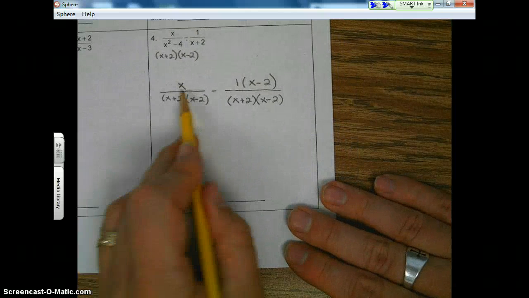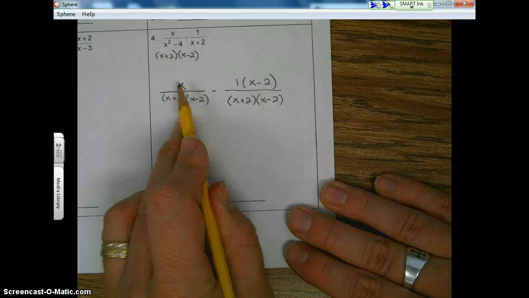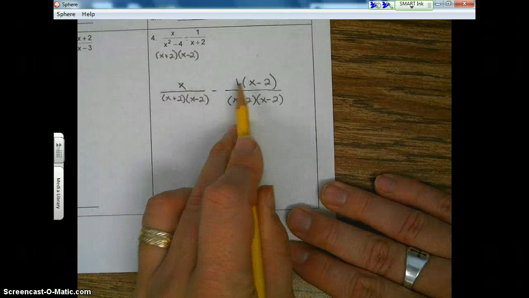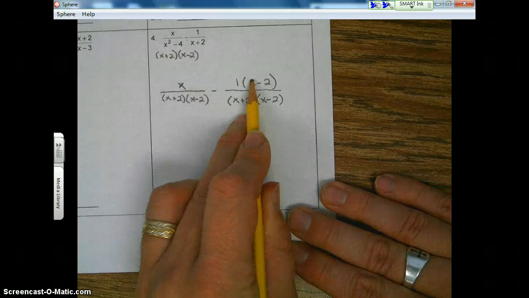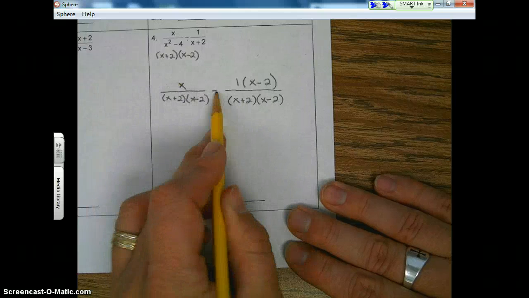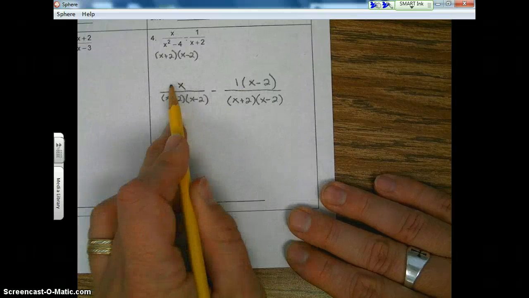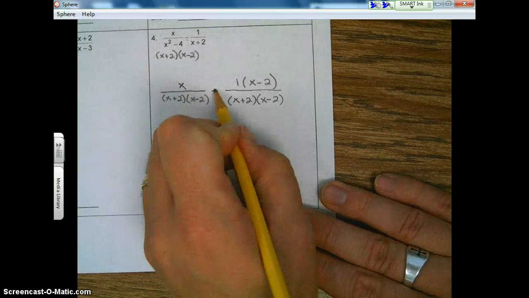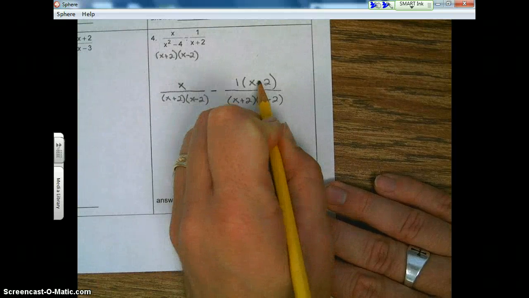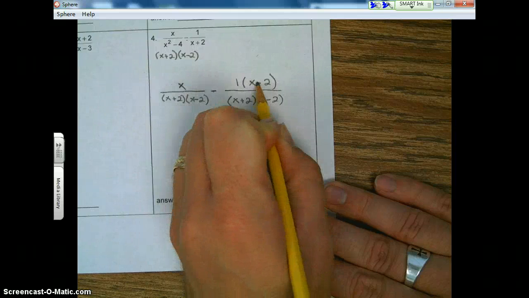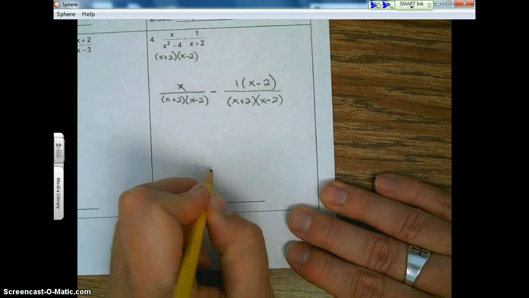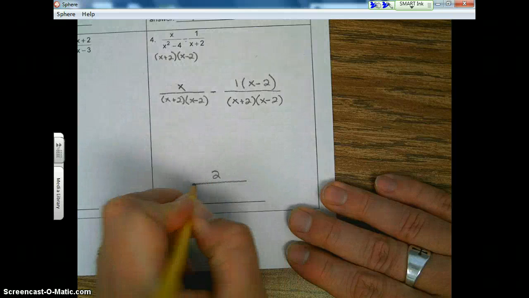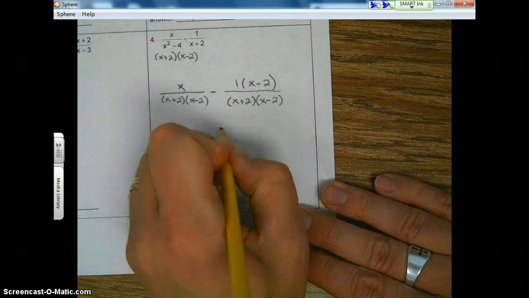Okay, step 3, simplify the numerator. So we're going to have x minus, and 1 times x is x. So x minus x cancels. Now, tricky part, minus negative 2. Minus negative 2 is going to be positive 2. Let me show you.